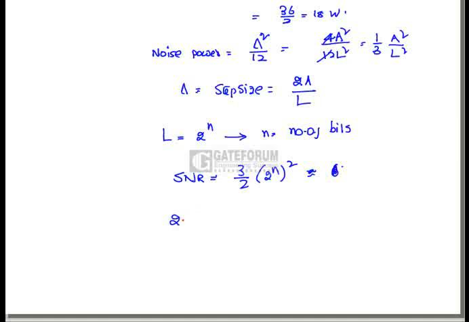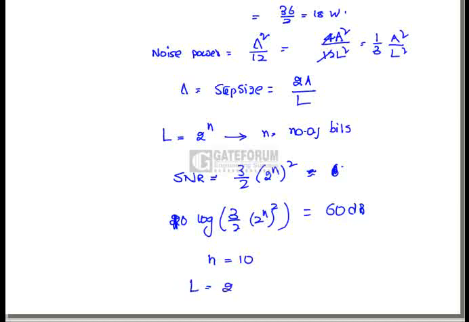So if we apply log to the above equation and equate it to 60 dB, we will get number of bits equals 10, that means quantization levels equals 2 power n, that is 2 power 10. Here the option is D.